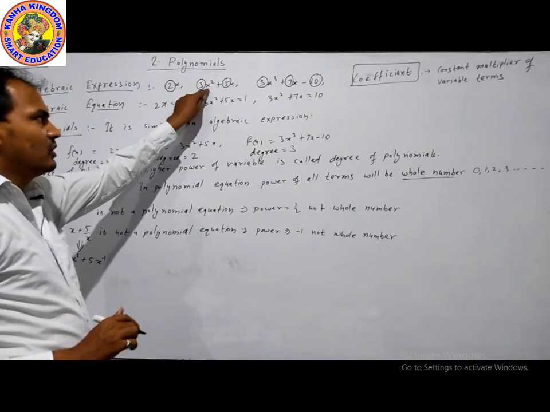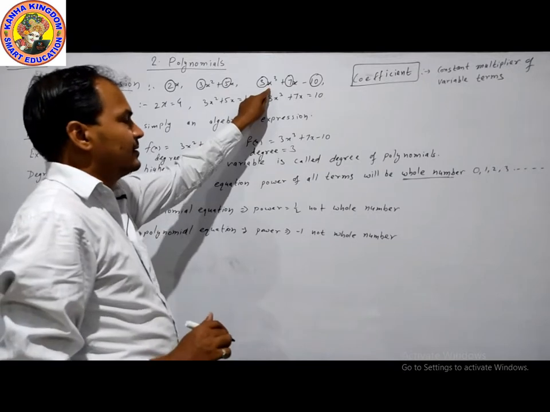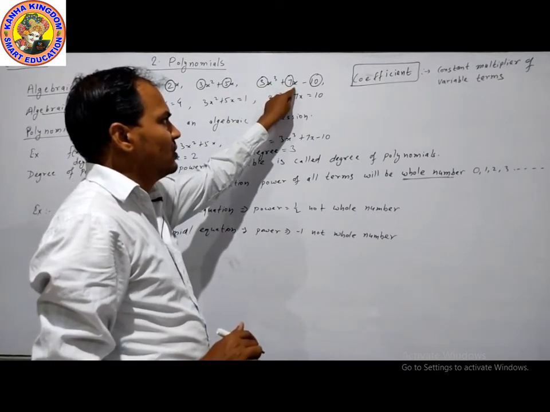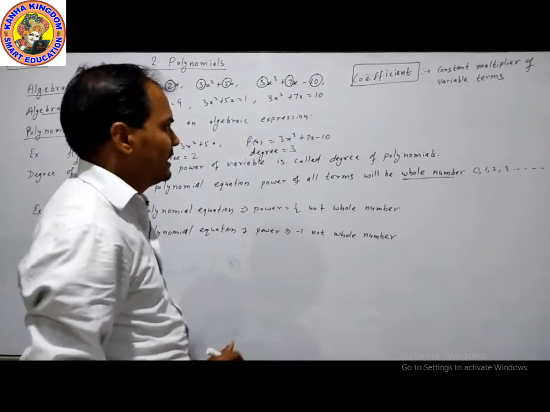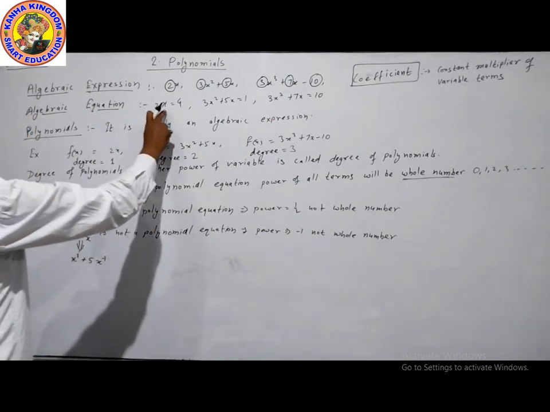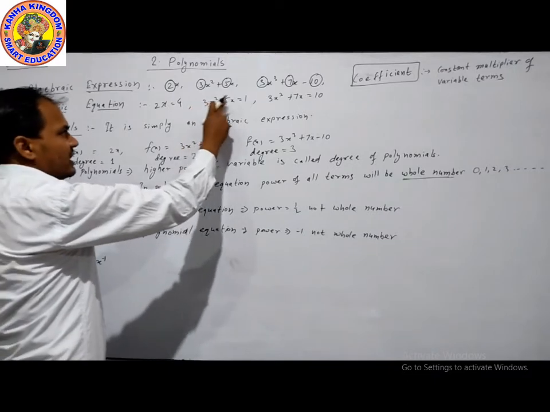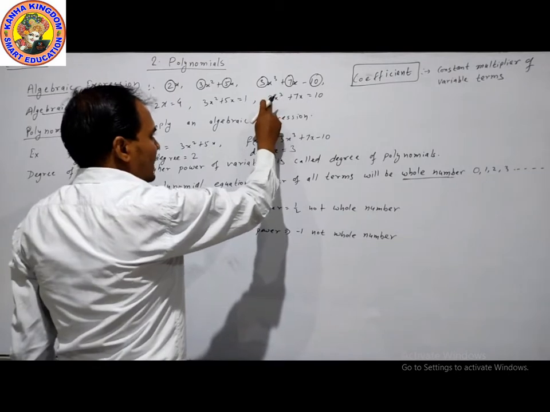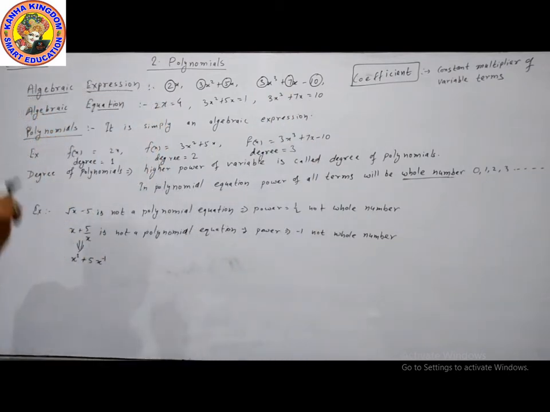Here the coefficient of x square is 3, the coefficient of x is 5, the constant term is 1. The coefficient of x cube is 3, the coefficient of x is 7 and the constant term is 10. These are the coefficients.